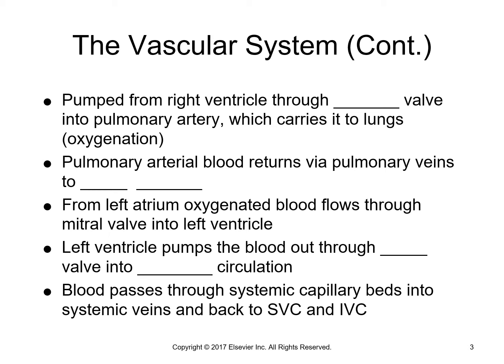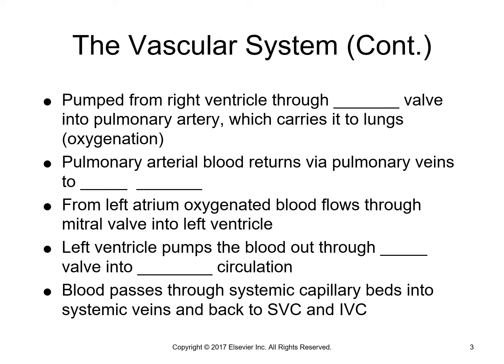The veins are actually oxygenated, because the blood returns via the pulmonary veins back to the left atrium. The left atrium has the oxygenated blood now, and that flows through the mitral valve into the left ventricle, and then the left ventricle pumps the blood through the aortic valve into the systemic circulation.